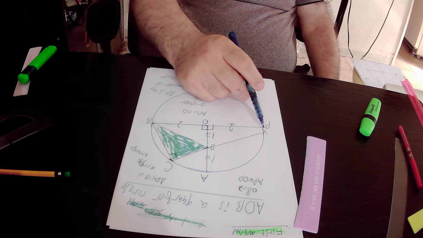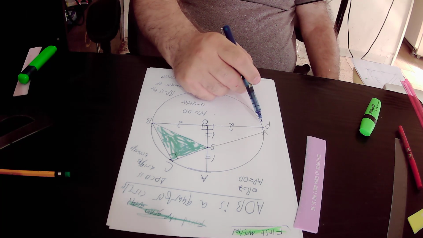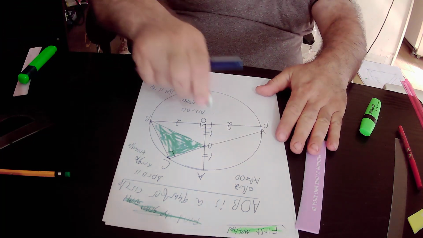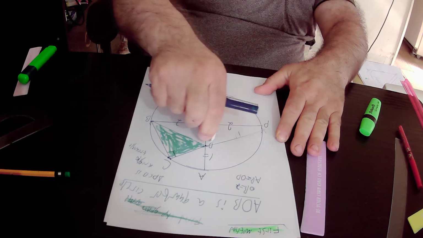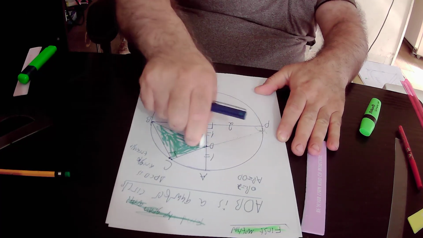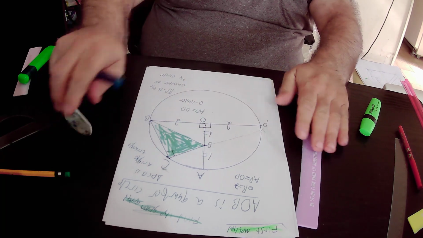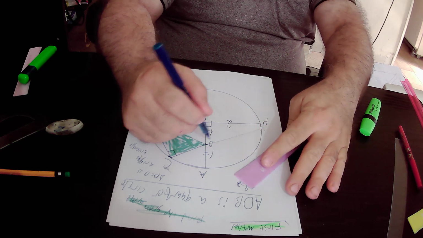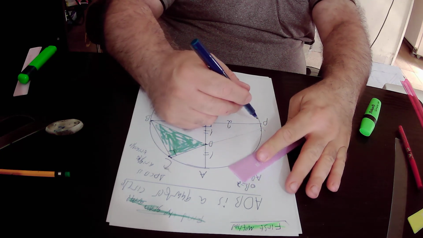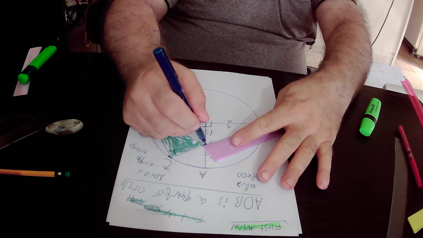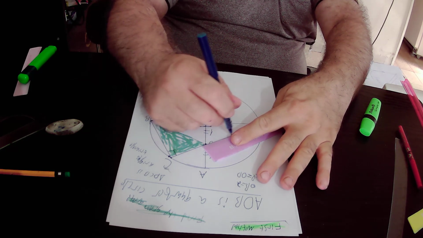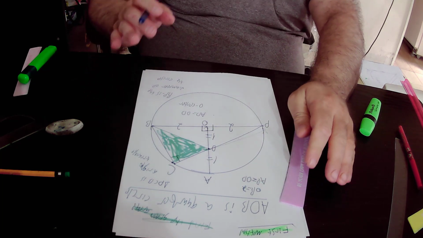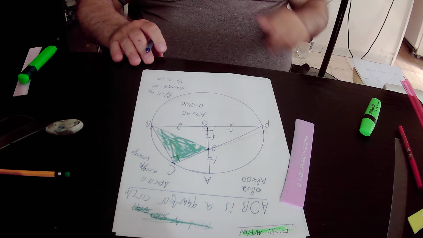Okay, point X must merge with point P in order to avoid the contradiction, and then we'll get that indeed peripheral angle BCP rests on the diameter, that is BP. So here, if point X merges with point P, we'll get peripheral angle BCP that is resting on the diameter of the circle.